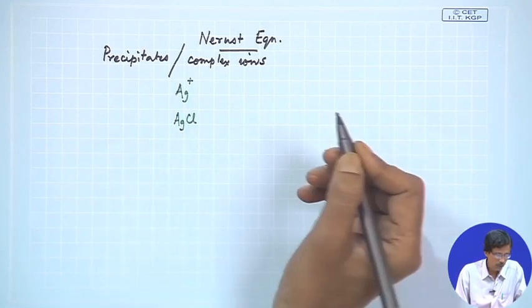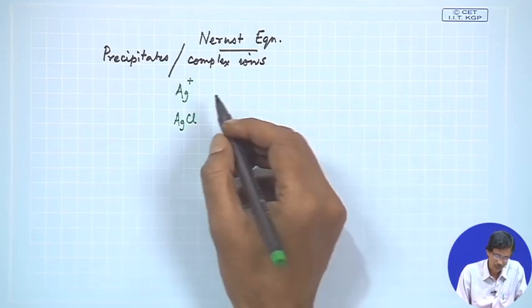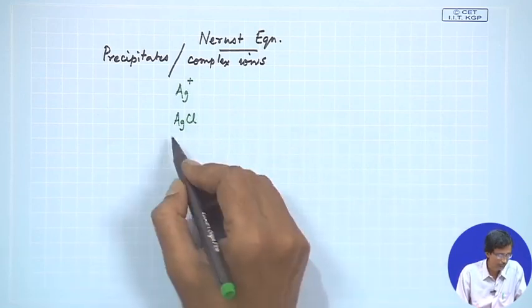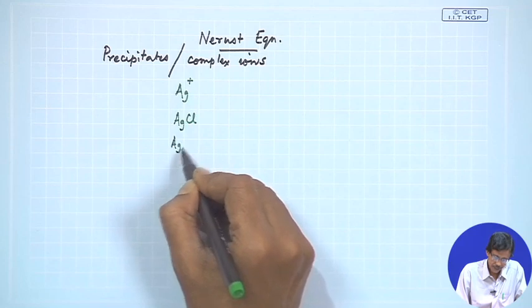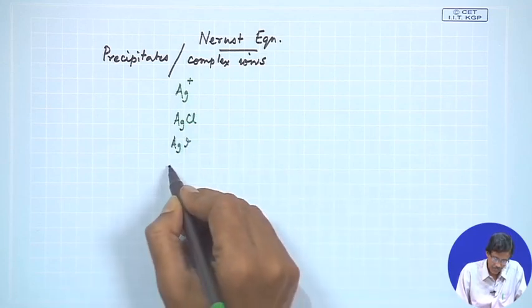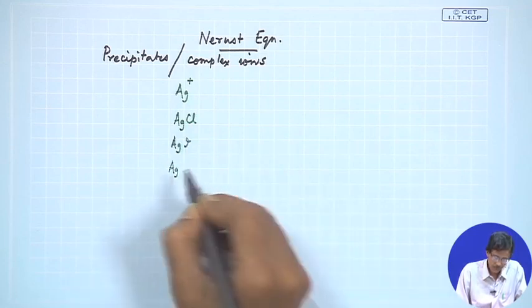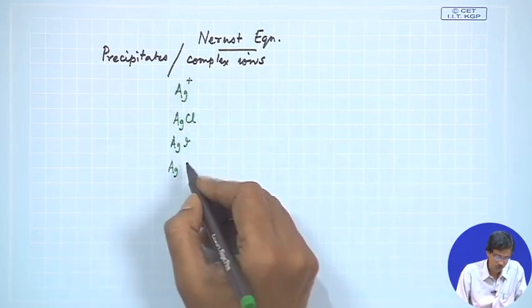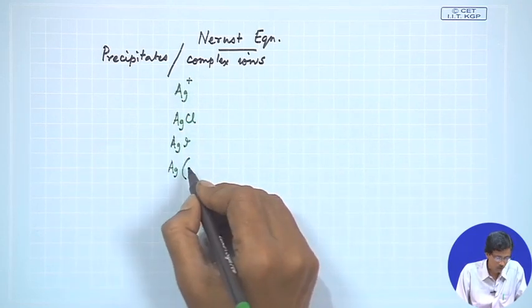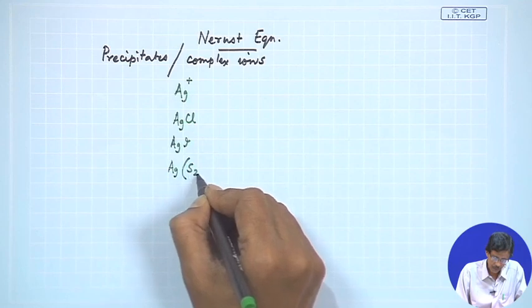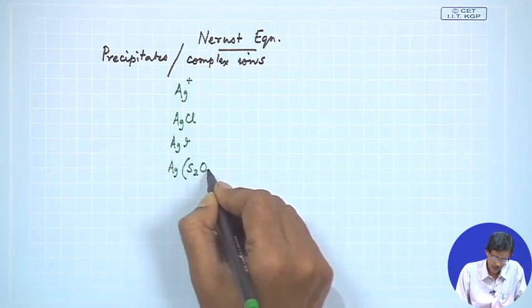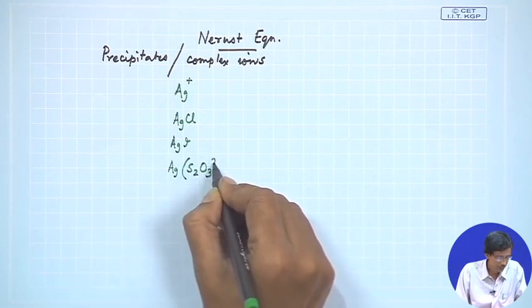So, the species involved can be silver ion itself, silver chloride, then silver iodide, and we will take the help of some species for the complex ions that can be formed, as we all know, with thiosulfate anions, S2O3 2 minus.